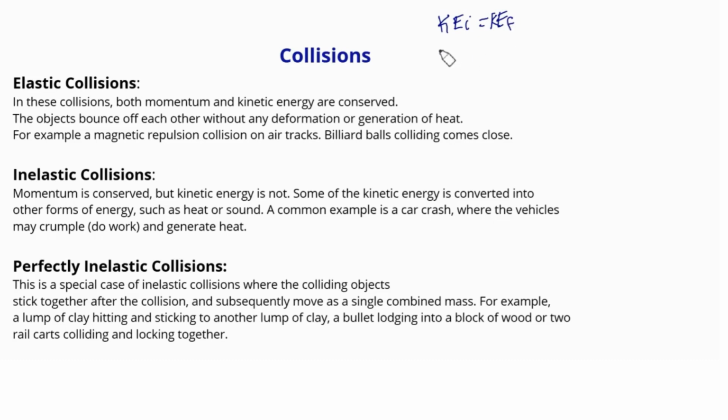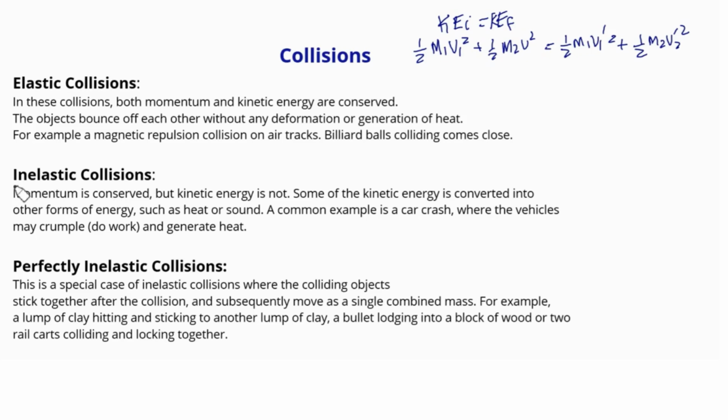If there are two vehicles, then we would have 1/2 m1 v1 squared plus 1/2 m2 v2 squared equal to 1/2 m1 v1 prime squared, which would be the velocity after, plus 1/2 m2 v2 prime squared. Now we'll look at elastic collisions in a different lesson.